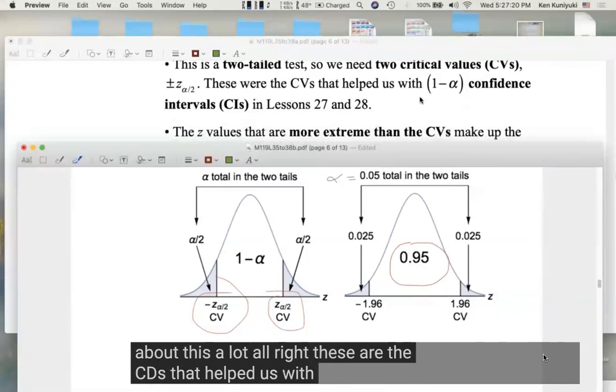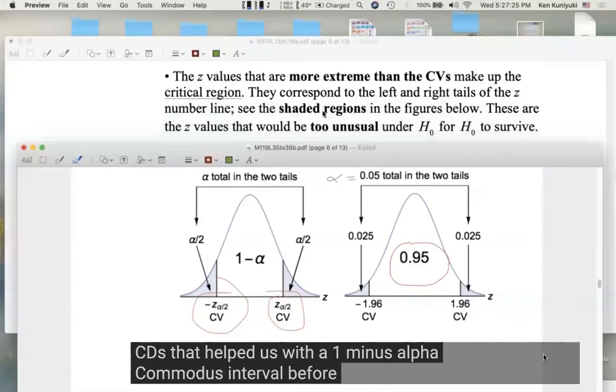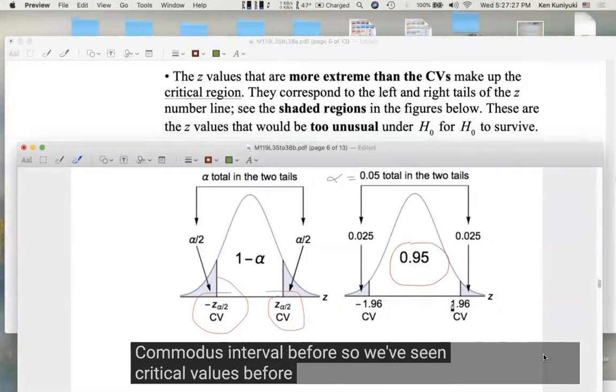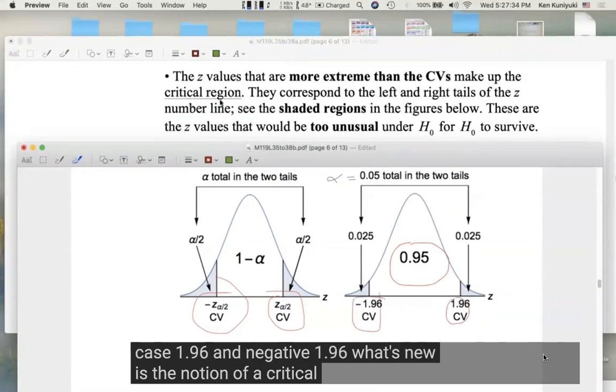These are the CVs that helped us with a 1 minus alpha confidence interval before. So we've seen critical values before. In this case, 1.96 and negative 1.96. What's new is the notion of a critical region.